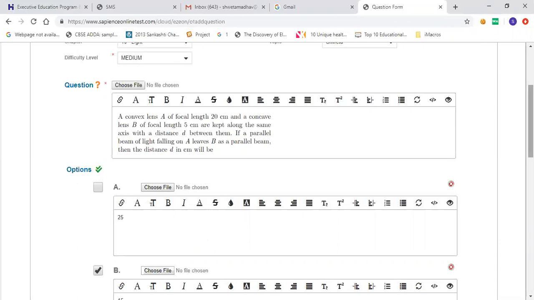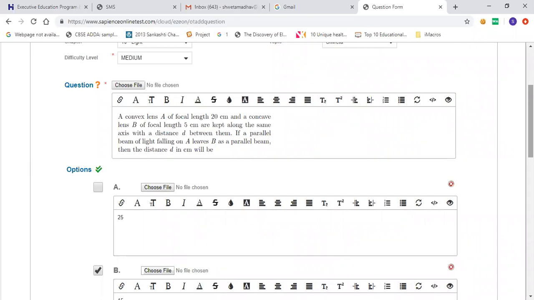So one is a convex lens and the second one is a concave lens. To get the parallel beam of light through the concave lens, where should the object be placed? For the concave lens, we need the refracted rays to be parallel.